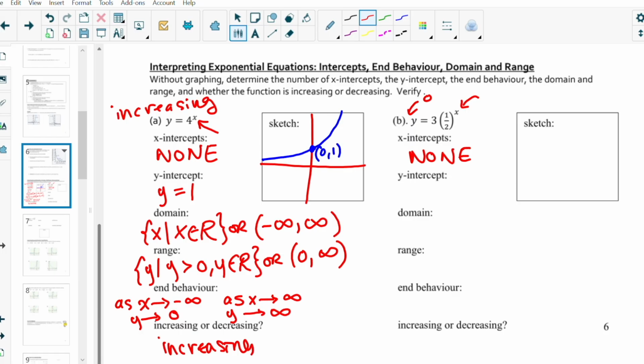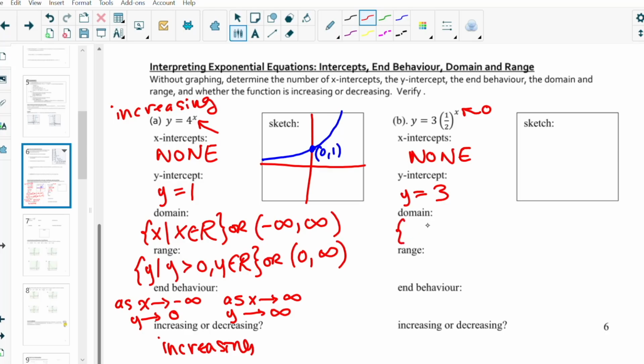Well, you can't. There's no such x value for the exponent that will give you a y value of 0, so that's why there's no x-intercept. What about a y-intercept? Let's think the other way. X equals 0, well, y equals 3. Okay, 1/2 to the 0 is 1. 1 times 3 is 3.